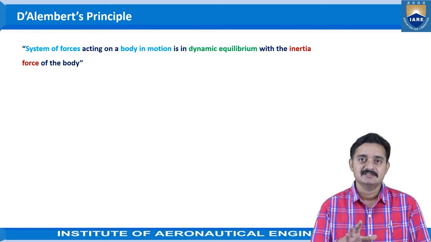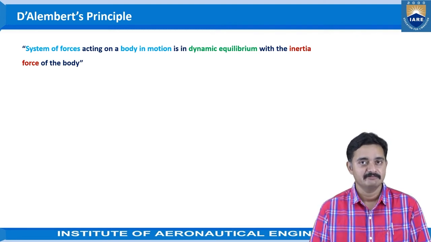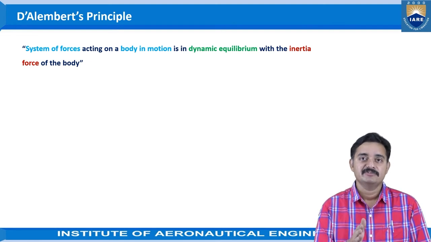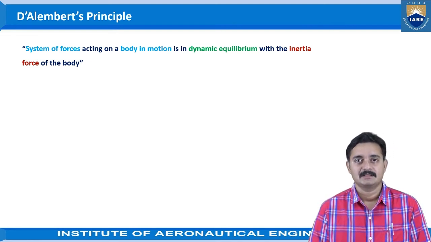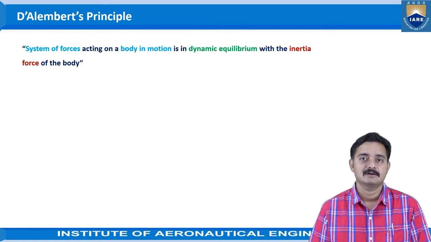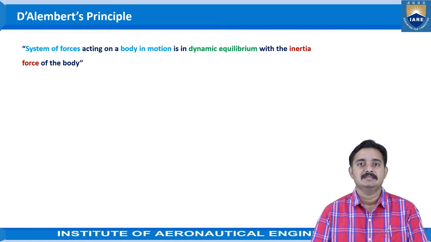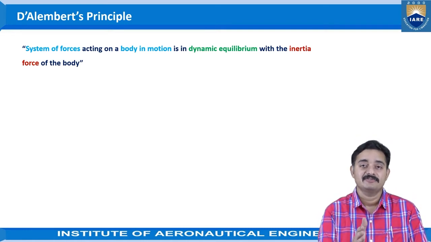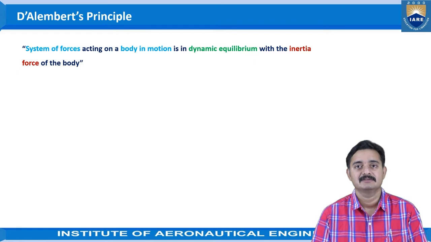So this is the case where a number of forces are acting, and because of that the bus is moving. When the bus is in a dynamic condition, the stability of the bus is not lost. That means the bus is not rolling out or falling over. So that is the equilibrium state of the bus in a dynamic way.